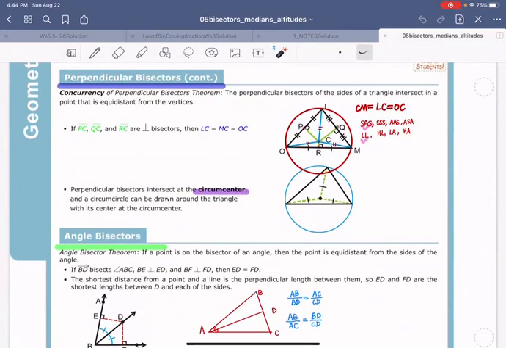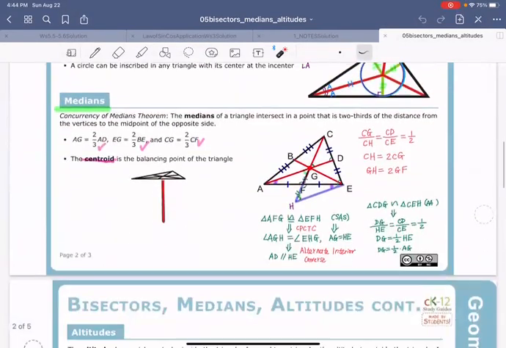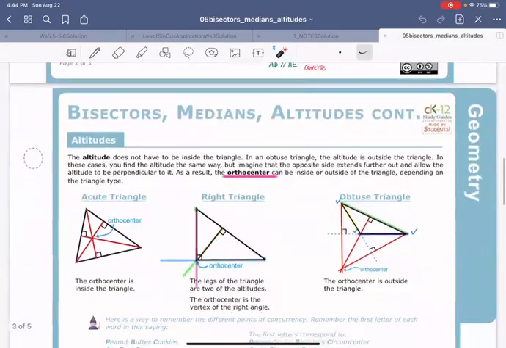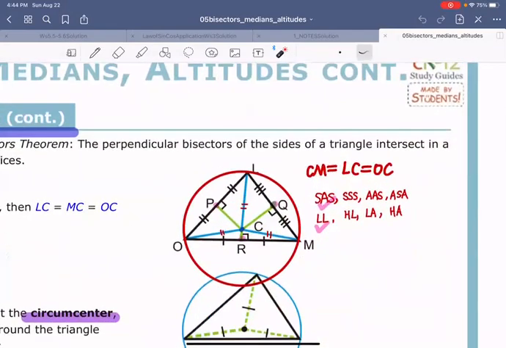At that time, you learned about the circumcenter, incenter, centroid, and orthocenter, okay? Two years ago. Maybe you remember, maybe you don't.